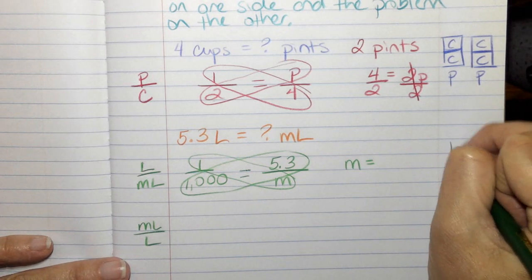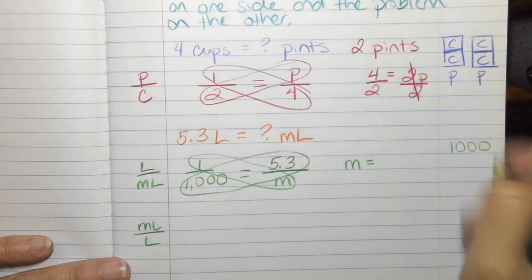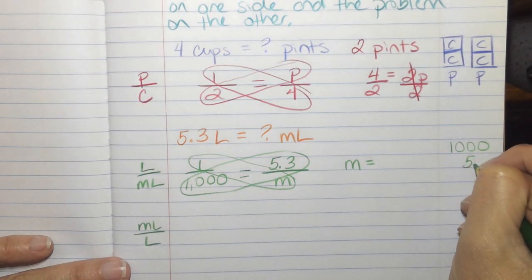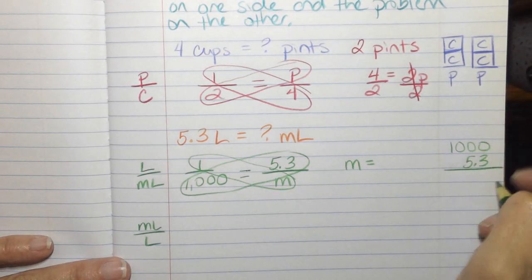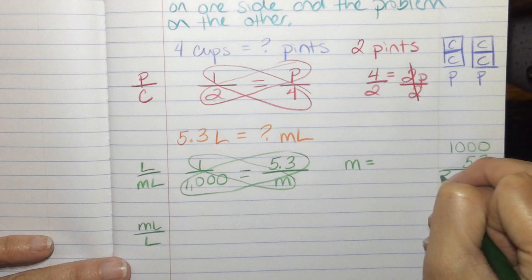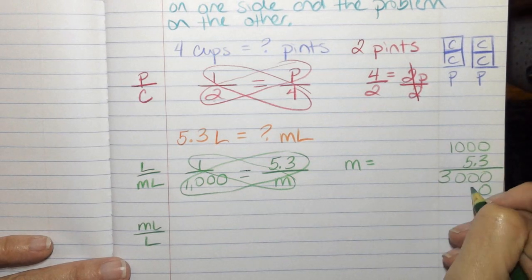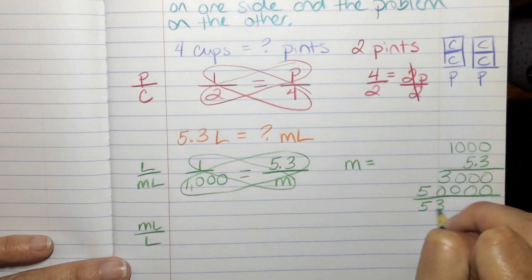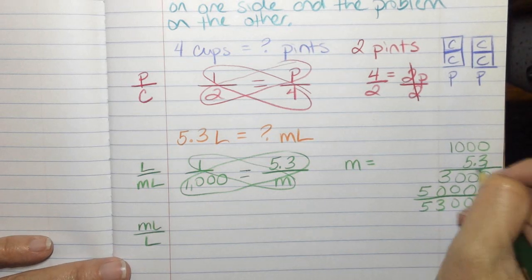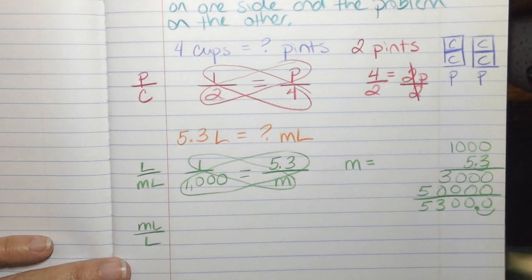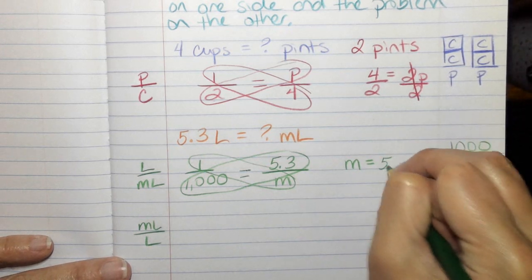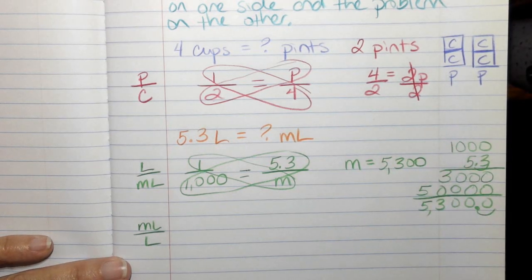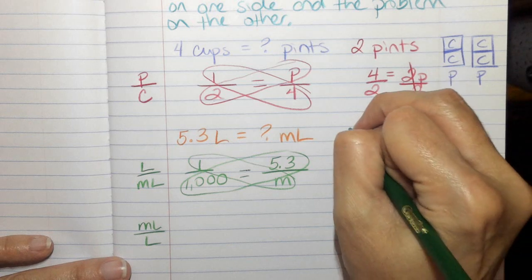So 1,000 times 5.3: 2, 3, 3, placeholding 0, 1, 2, 3, 5. 1 decimal place. 5,300 milliliters.